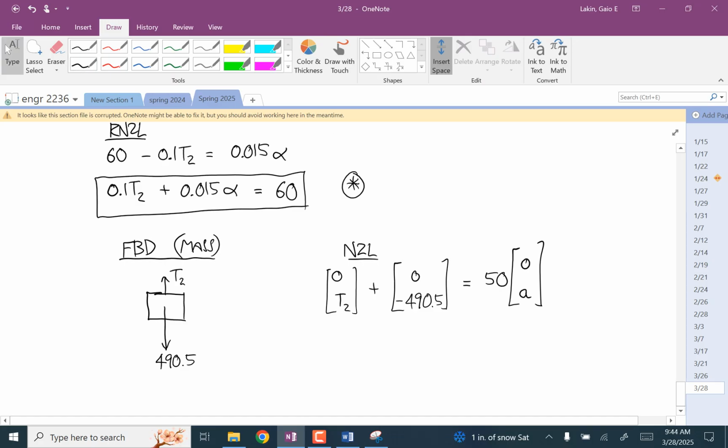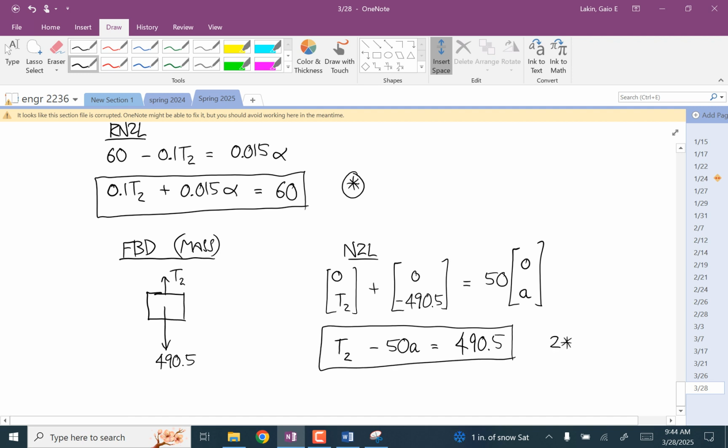Obviously the x equation doesn't help, but the y equation says T2 minus 50A is equal to 490.5. That's our equation 2 star. But we added a new variable, so we didn't make any progress. Now we have 2 equations for 3 variables.